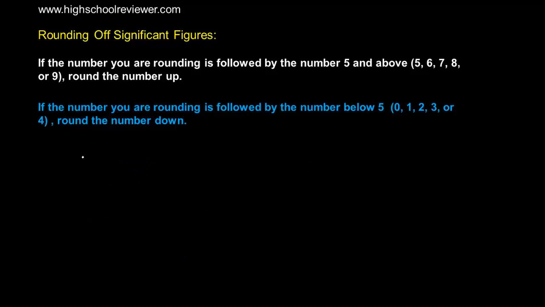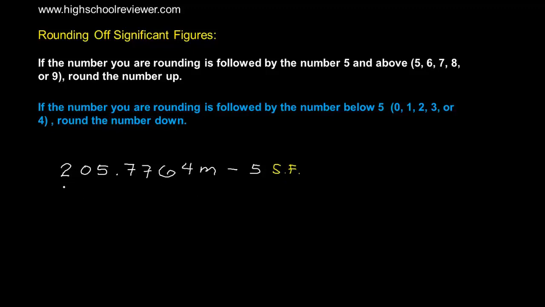Let's have another example. We will have here 205.7764 meters. We need to round this off to 5 significant figures. First, let us locate where the 5th significant figure is.